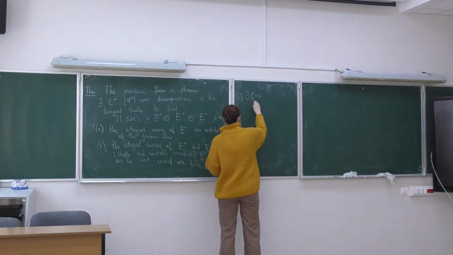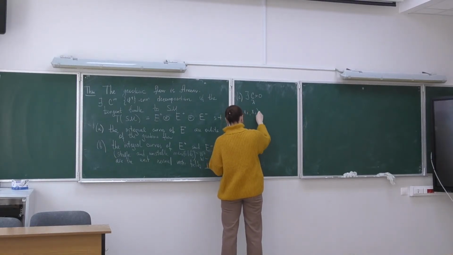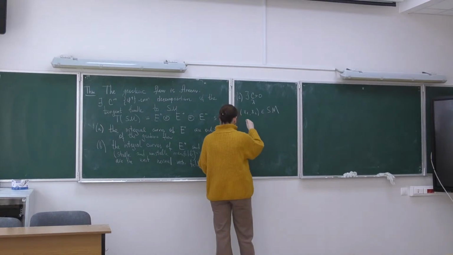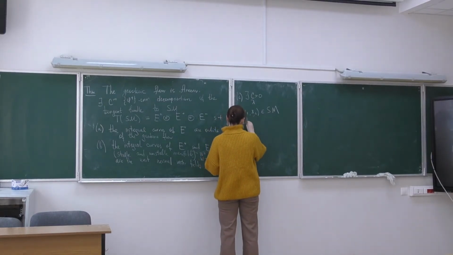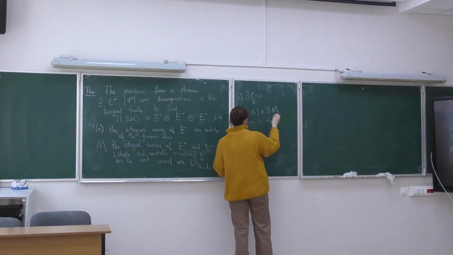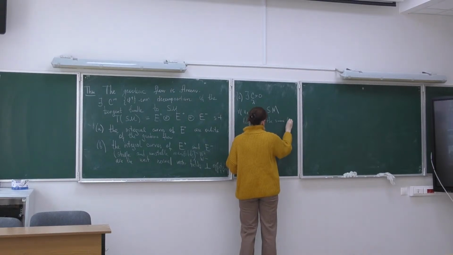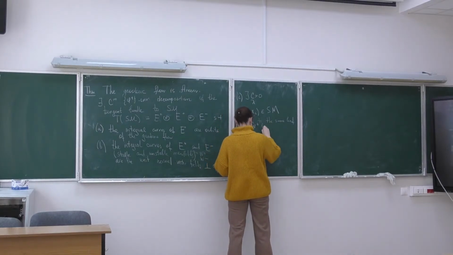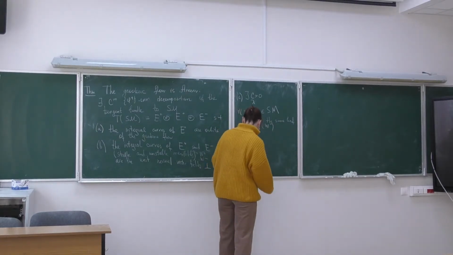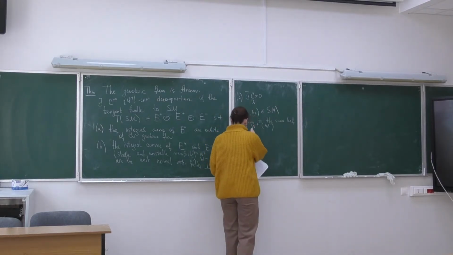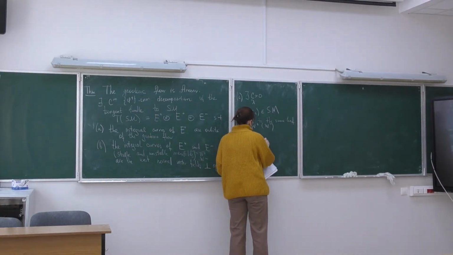The constant was such that we could take any pair x1, x2 of points that belong to the same leaf of W plus or W minus, and we were able to estimate the distance between the images of these points under the action of our flow.